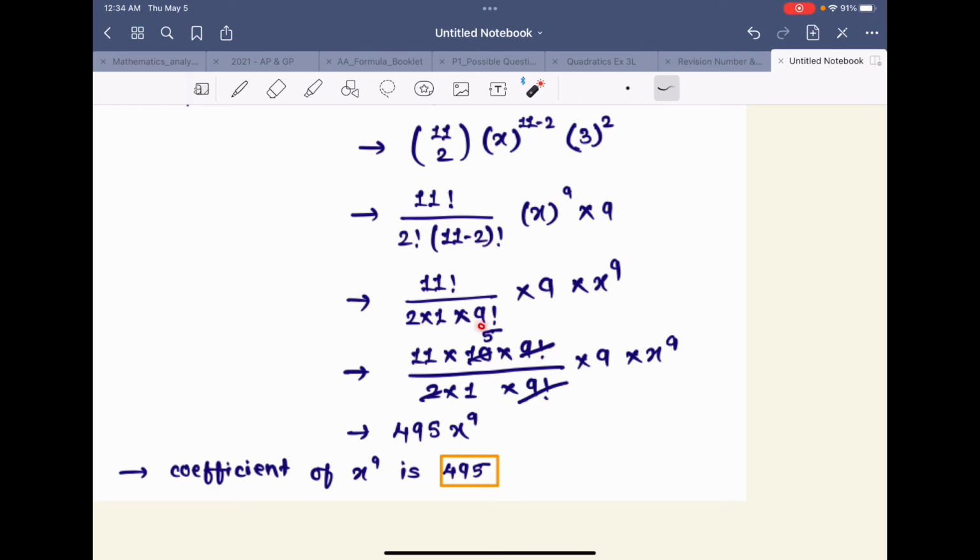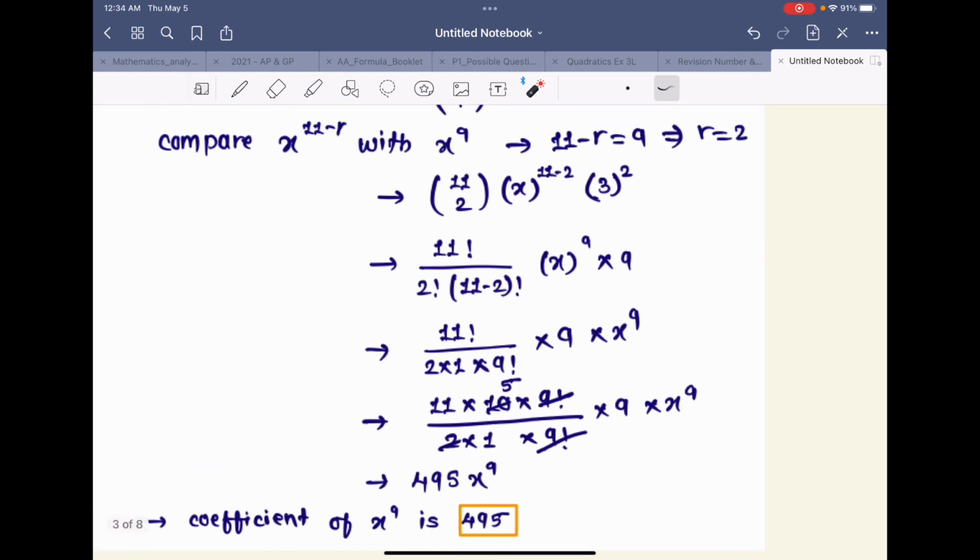So we already have 9 factorial in the denominator, so I am cancelling that. This 9 as it is, x raised to 9 as it is. Now we are left with 11 times 10 over 2 times 1. 2 times 5 is 10. So 11 times 5 is 55, times 9 is 495, x raised to 9.